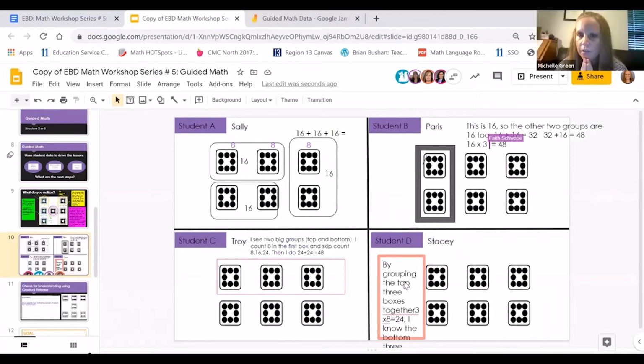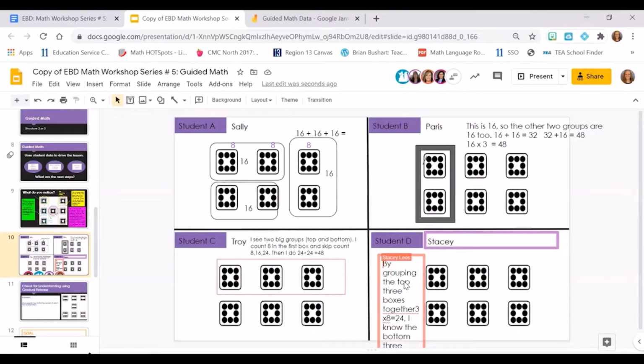Okay, so tell me about the 16. What made you change it from 8 to 16? Because what I did three times was the 16. So I had 16 in this group, 16 in that group, 16 in that group.